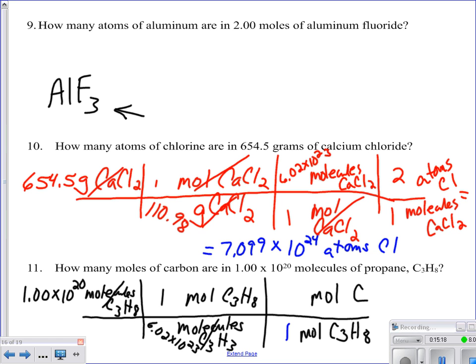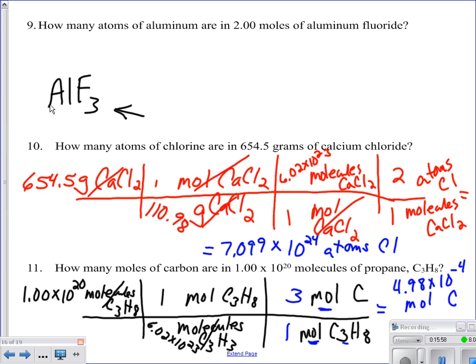If you have 1 mole of C3H8, then you would have 3 moles of just the carbon, is what we're going to see. So maybe if you interchange the word dozen or something in your head, maybe that'll make more sense to you, but it works out that way that you've got 1 mole of that. So then we do the math, and we get our answer to be 4.98 times 10 to the negative 4th moles of carbon.